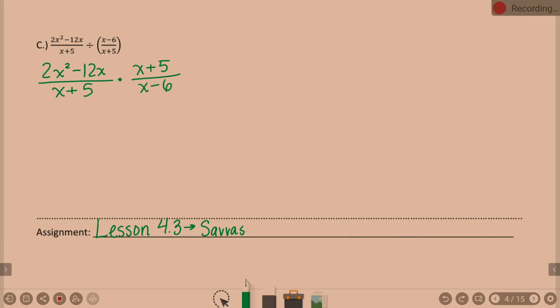What do we have in the way of factoring? Okay. 2 and 12 both divide by 2. Both terms have at least an x to the first, so GCF of 2x. 2x squared divided by 2x is x, minus 12x divided by 2x is 6.